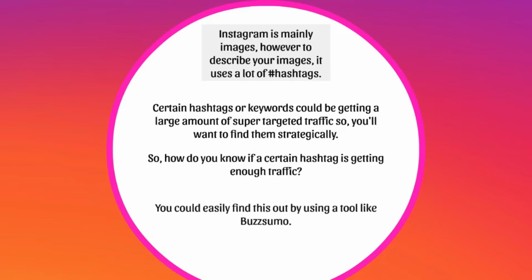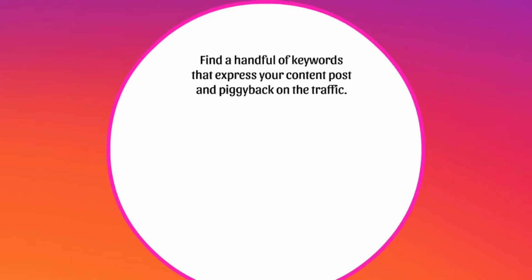Well, you could easily find this out by using BuzzSumo and other tools as well. So you want to find a handful of keywords that express your content post and piggyback on that traffic. So if that post is something that intrigues your audience and you've done all the demographic research, then it's high converting essentially, and you should get a lot of likes and comments.